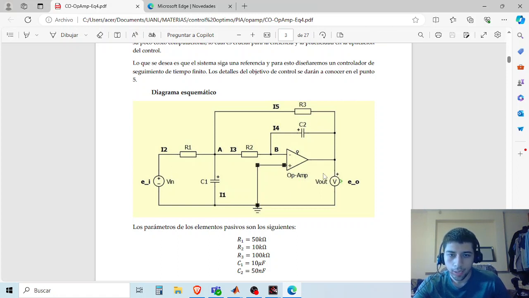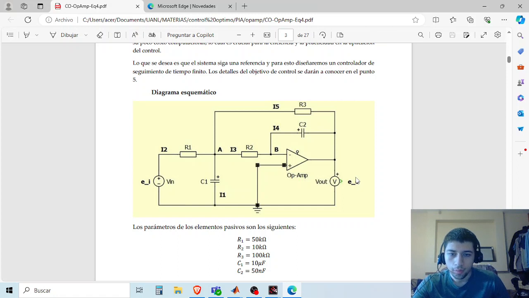But also, instead of a resistor as a feedback, we have another capacitor. So this capacitor also works as a low-pass filter. So it turns out that this configuration is a double low-pass filter.